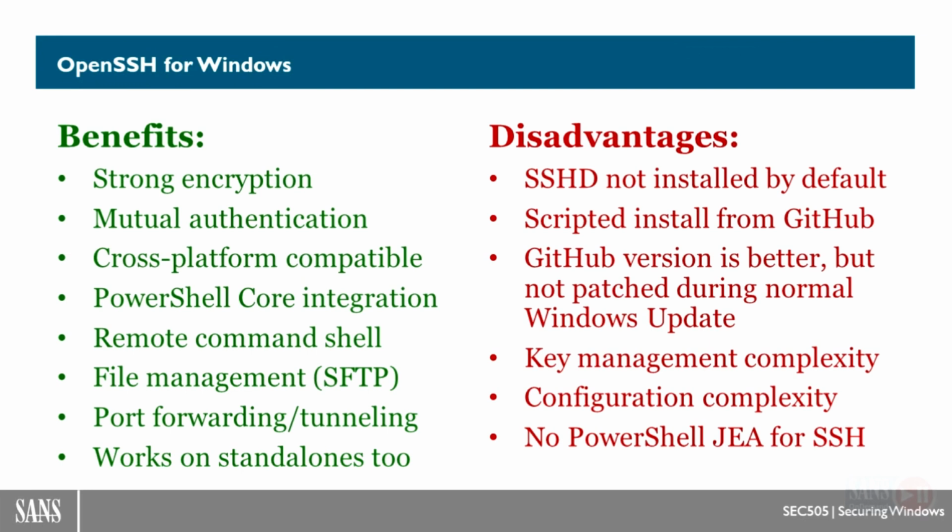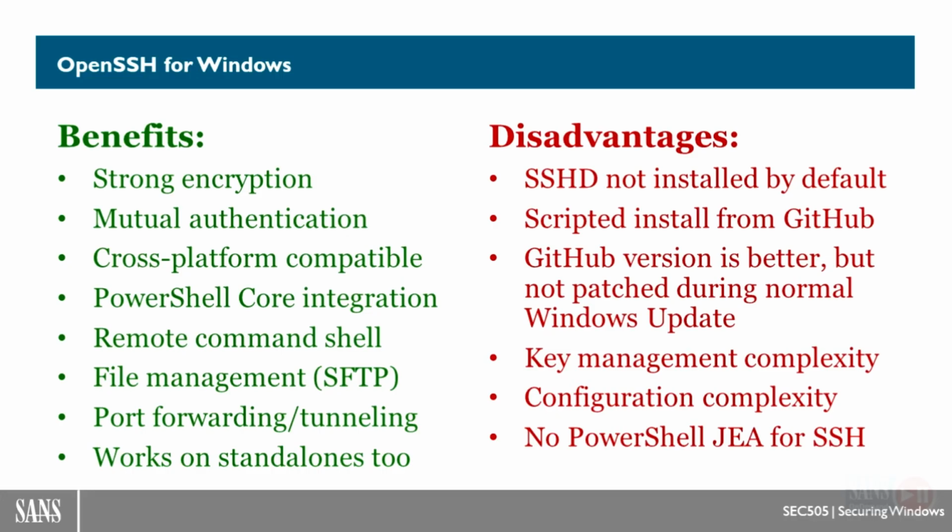But we're not there yet. The SSH server that's built into Windows today is rather old and is missing features that we really want. The SSH service for Windows is going under active rapid development. And roughly every 3 to 6 months, there are new features that we really want. All right, so that is a negative to be aware of.